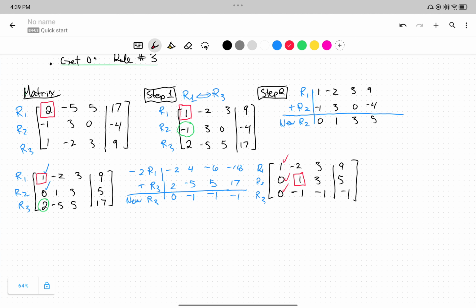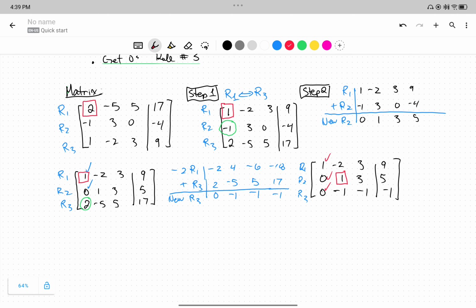So I got lucky right there. So anyways, I forgot to write that this step over here was step number 3. And step number 4, which is getting the 1, is already done for us. There's already a 1 there, so that's done.